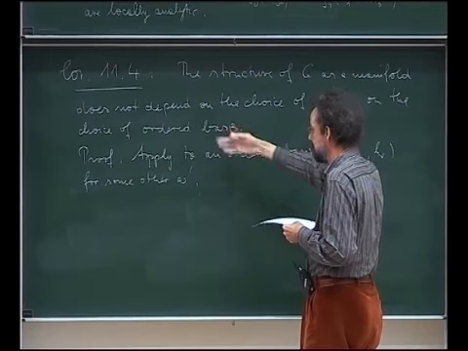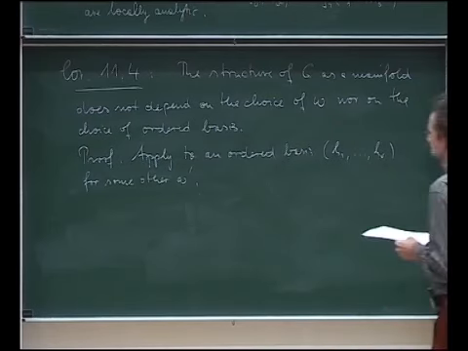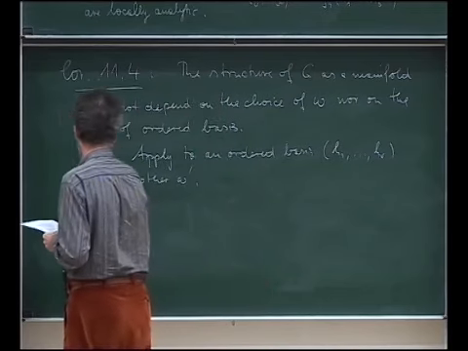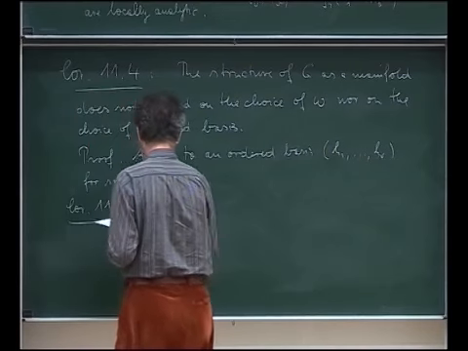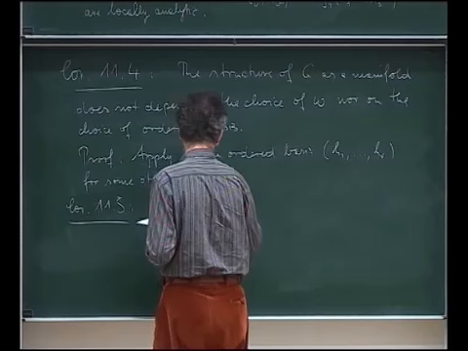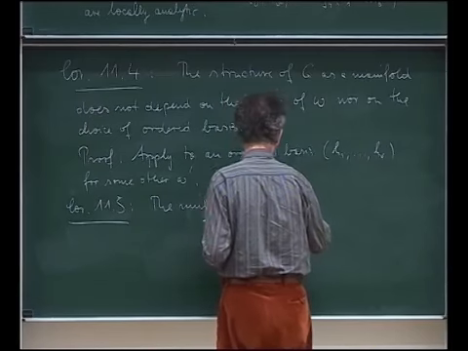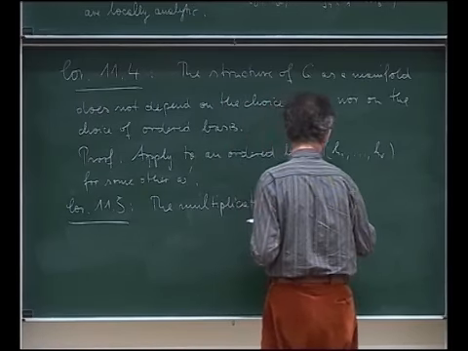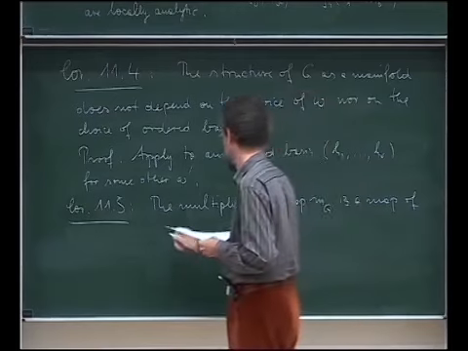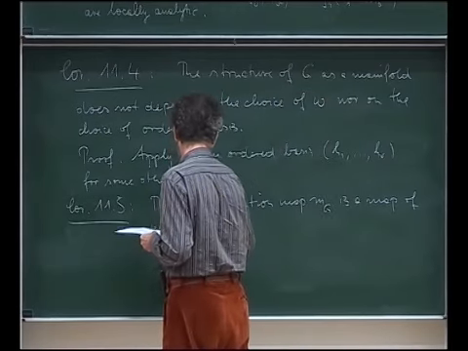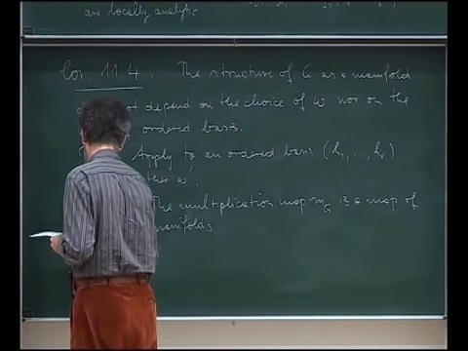And then what the lemma tells you is that the coordinate change is locally analytic. So the 2 charts, both produce me charts, but the coordinate change between the 2 charts is locally analytic. This is exactly what the lemma says in this case. And moreover, the multiplication map Mg is a map of manifolds.